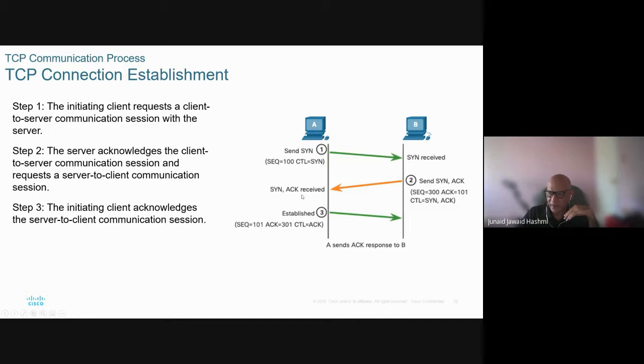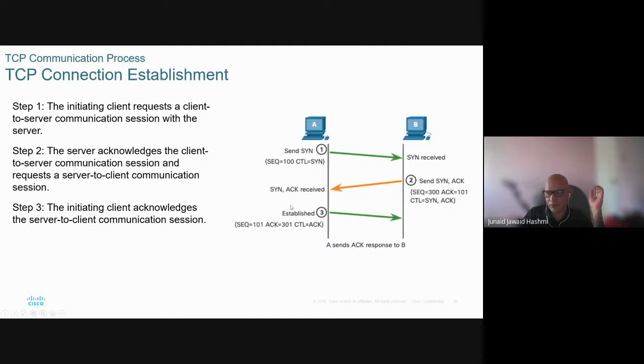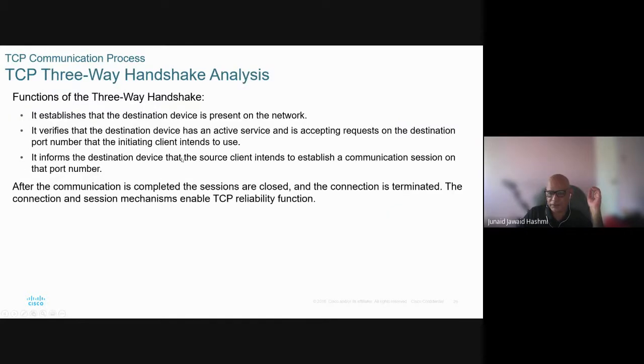So it sends back an acknowledgement to the client, and then the client in response establishes a connection with the server. So there are three steps used when the connection is established. This is called the three-way handshake: first handshake, second handshake, and third handshake. That's how TCP provides reliability on the network.